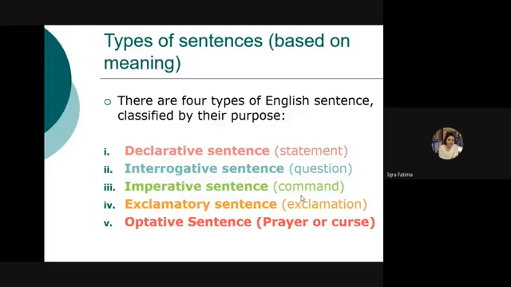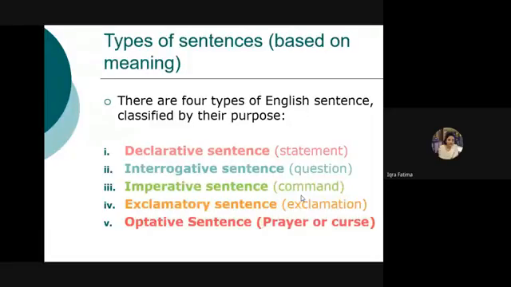The second type of sentence according to the structure is the compound sentence, in which two independent clauses are joined by a coordinating conjunction. The third type is the complex sentence, in which one independent and one dependent clause are joined by a subordinating conjunction.